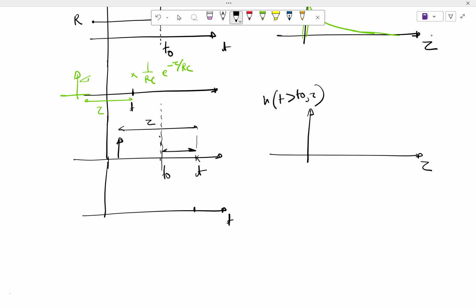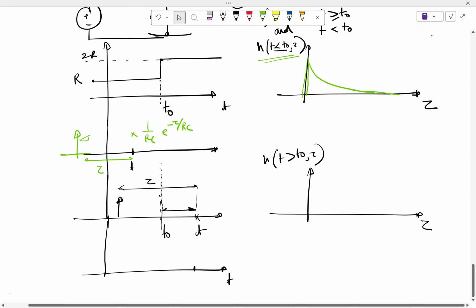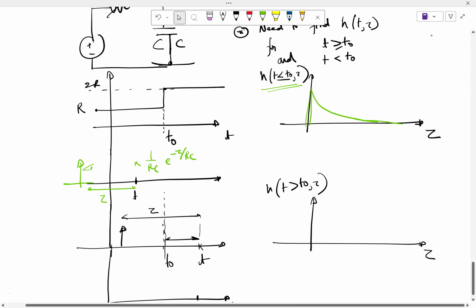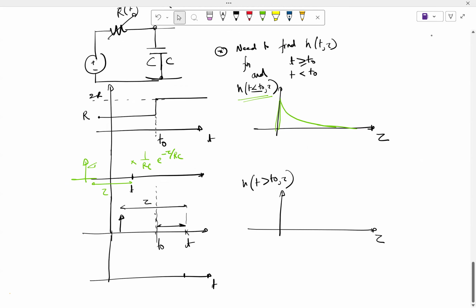See, the impulse has been applied before. Okay, so the impulse has been applied here, right? So once you apply the impulse, what will it see? It will see an RC, where R is R and C is C, right? And it is going to decay, right? And then when it hits the time instant t naught, the next evolution will start. But till t naught, it is seeing an RC, correct?